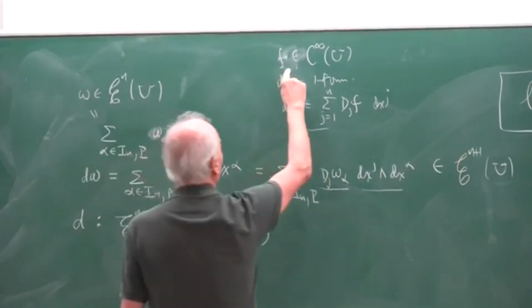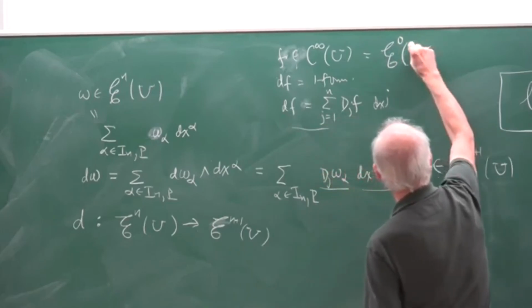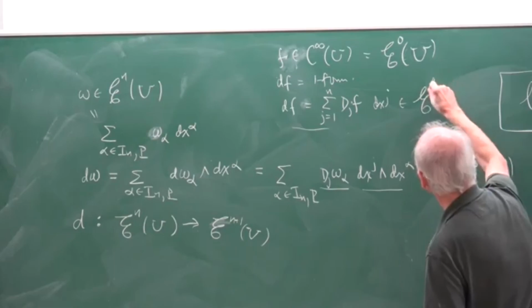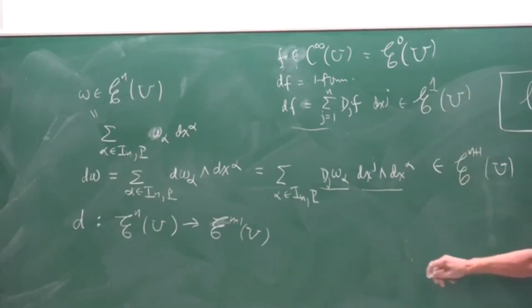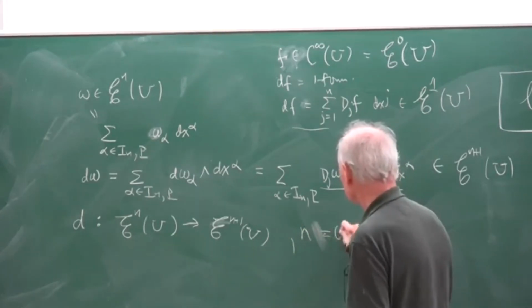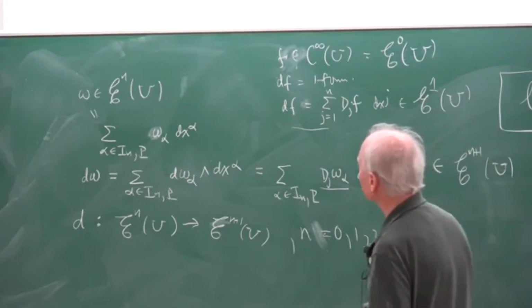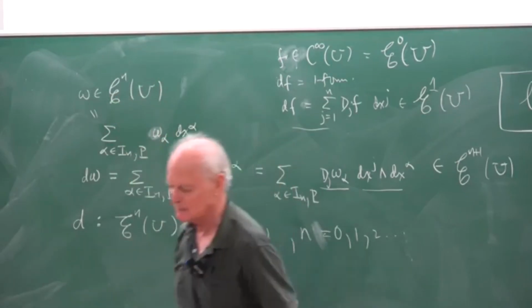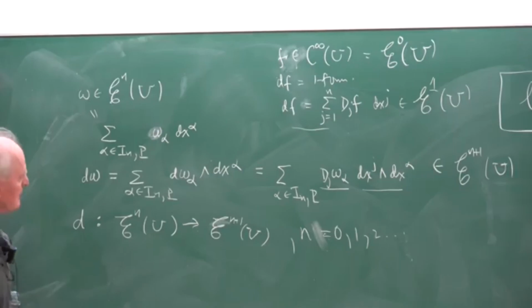And notice this guy is E^0. This also is consistent with the notation here because this is in E^1(U). So it also works when n is equal to 0. So this is for n bigger than or equal to 0. And of course, keep in mind that all of these spaces are 0 if n is bigger than p, right? Okay, so that's the definition of d.